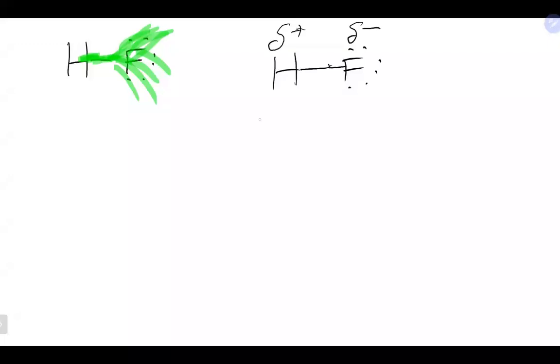It can also be represented with what is sometimes referred to as a dipole arrow, where it points to the side that's more negative, and the back part that makes a positive sign is on the side that's more positive. Without the plus and negative, you can just draw the arrow pointing to the side that's more negative, and that represents it.